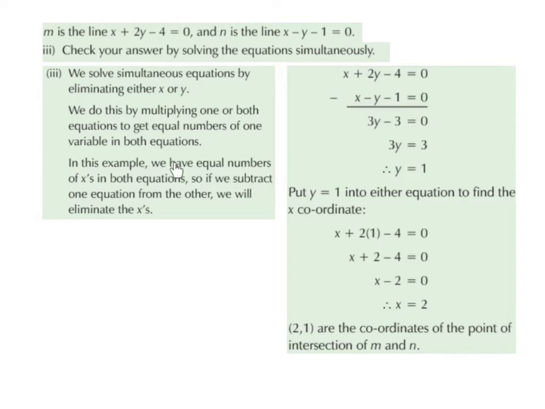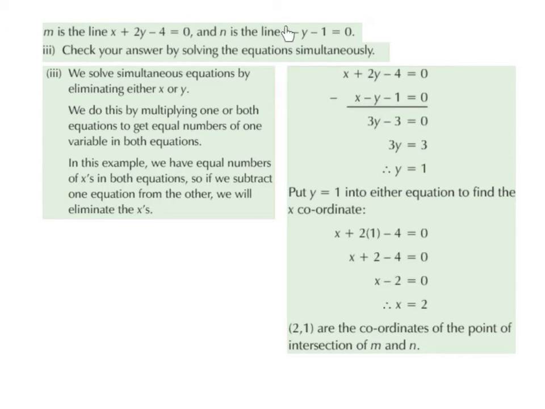In this example, we have equal numbers of x's in both equations. So we have an x in the first equation and an x in the second equation. So the numbers in front of the x's are 1, so they both match up already. So if we subtract one equation from the other, we will eliminate the x's. So basically if we change their signs. So we have x plus 2y minus 4 equals 0, so that's written down here.